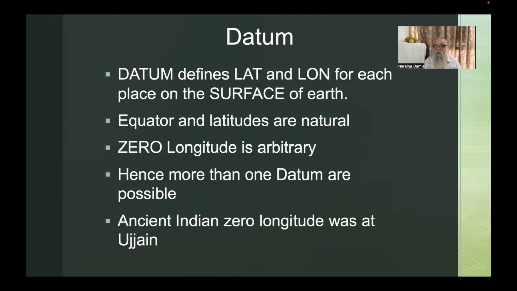If I take my latitude longitude with respect to Ujjain as the zero, then our latitude will be somewhere near zero, meaning 1 degree, 2 degrees, 5 degrees, not like 75 or 80 degrees or whatever we have. So your precise location of latitude, longitude of any location is decided by the datum.